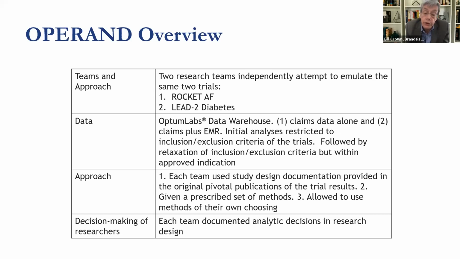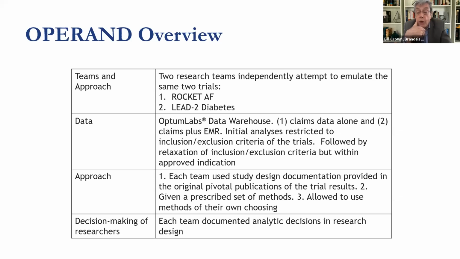Each of the two different research teams, I'll get into more detail on this in a moment, had only the initial pivotal publications to go by. And the idea was, how would you emulate the trial if you had the information that was in the original pivotal publications?